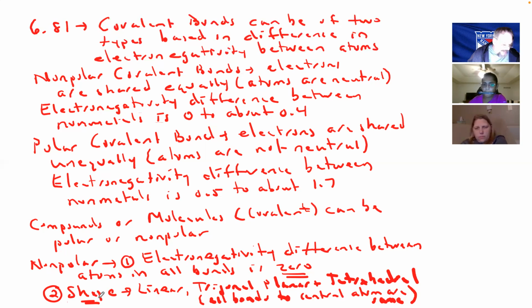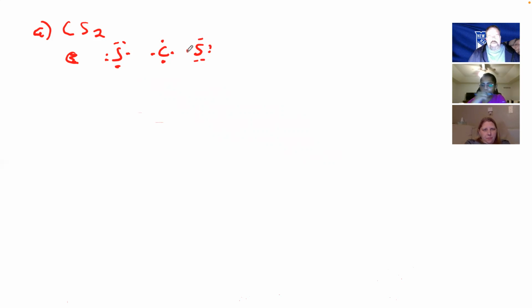So if you look at A, CS2, here's the sulfur, 6 valence electrons. Here's the carbon. Here's the other sulfur. Again, so now it's like electron dot, VSEPR, and then polarity.